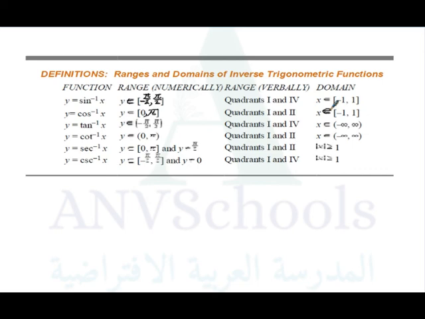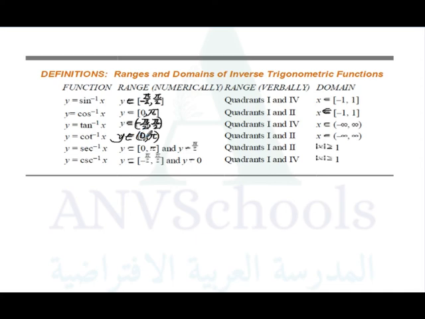For the inverse tangent, this is from negative pi over 2 to pi over 2. This is the range. And it lies in quadrants 1 and 4. And the domain is all real numbers. And for inverse cotangent, the range is y an element of 0 to pi, exclusive of 0 and pi.